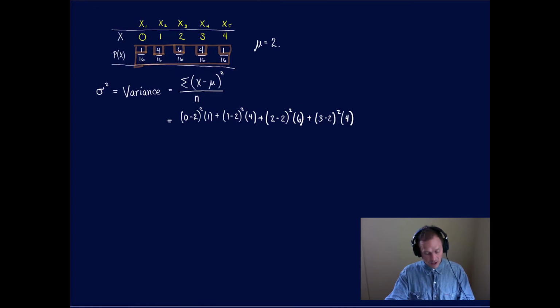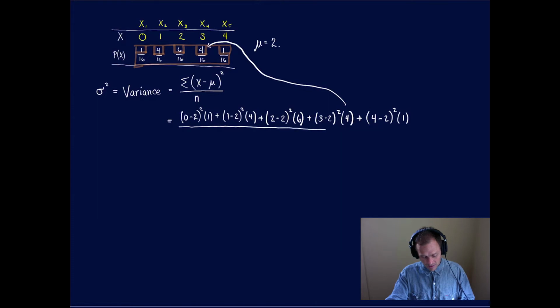It occurred 4 times, and that's this frequency right there. Plus, our next one was a family of 4 children, all of which were girls. So 4 minus the mean of 2, square it, and it happened once. And we take all of those, and we divide it by 16.